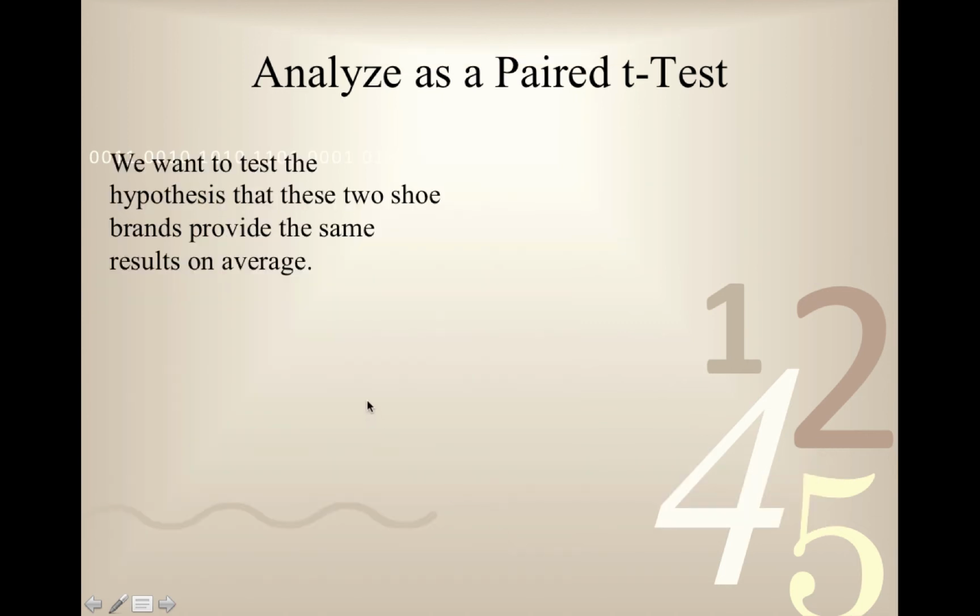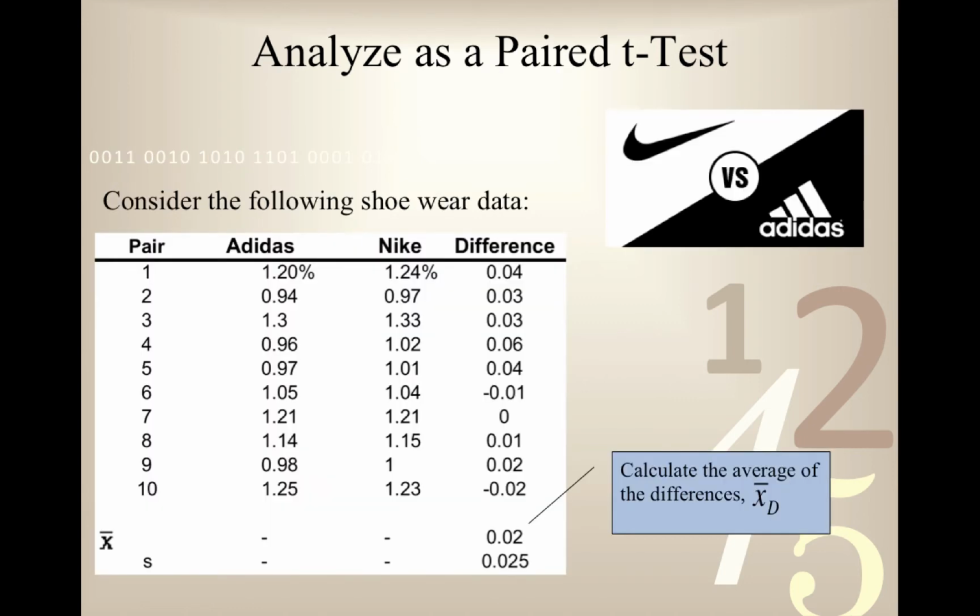All right, and we want to test the hypothesis that these two shoe brands differ. These two shoe brands provide the same results on average. Now, we've got one sample statistic here. Think about before with the two sample t-test. With Adidas, we would have a sample average. With Nike, we would have a sample average.